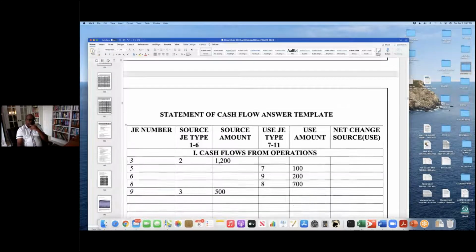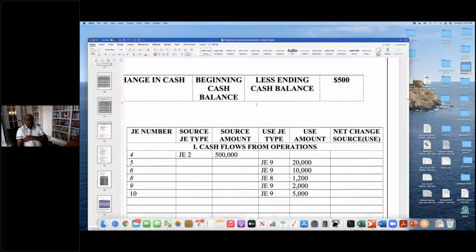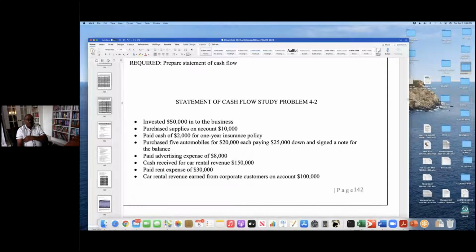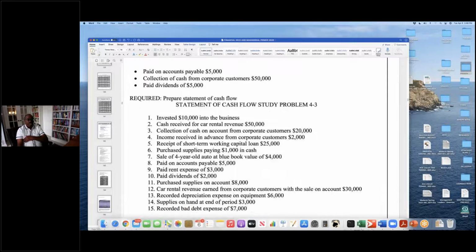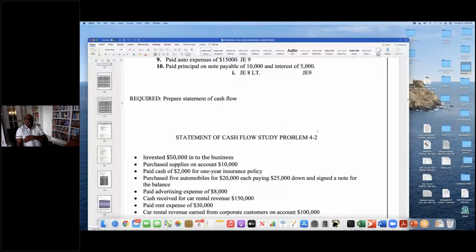Okay, so let's look at our homework. C students, y'all got 4-1 through 4-2. So here are the C students, 4-2. So you're saying this as in you're not gonna put it in there? Oh wait, are you gonna show us which one in the assignments we need to do?